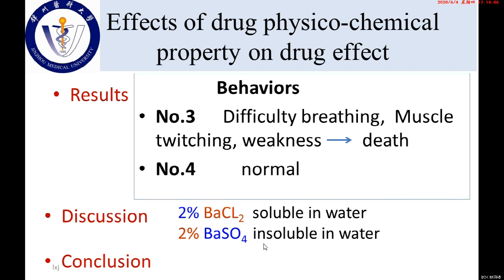Understand? Any body liquid. So it cannot transmembrane transport. It cannot pass across the cell membrane, cannot be absorbed. But barium chloride is soluble in water. It can be absorbed and take its effect on site very quickly.